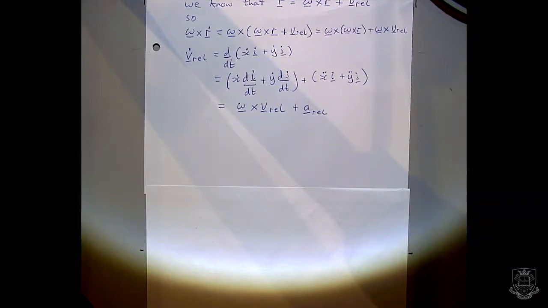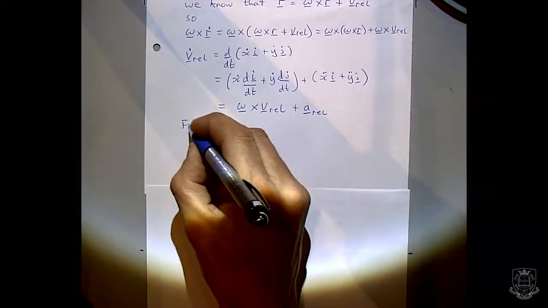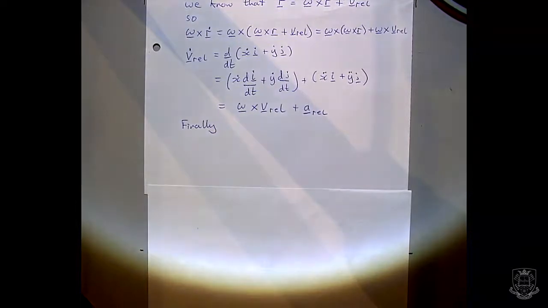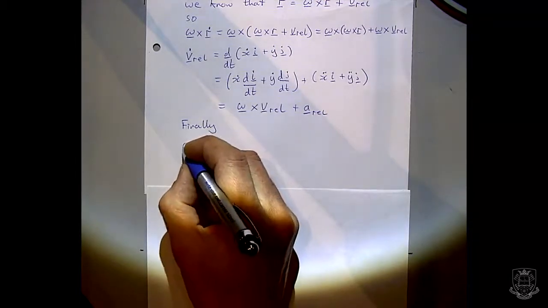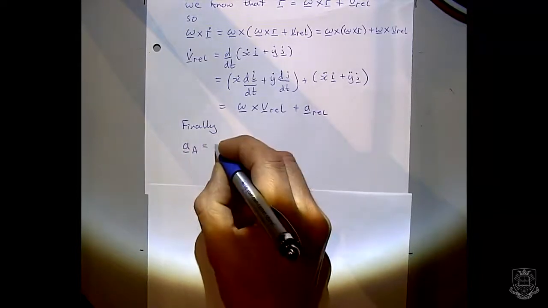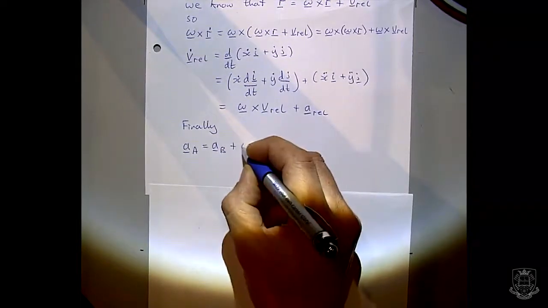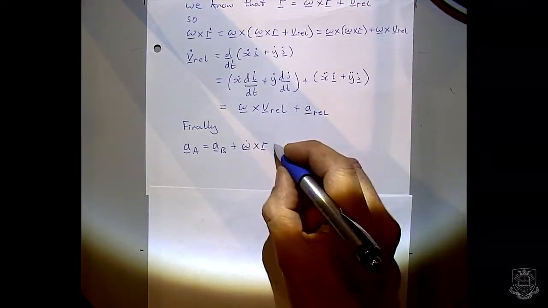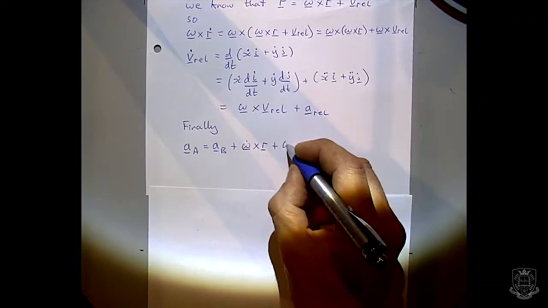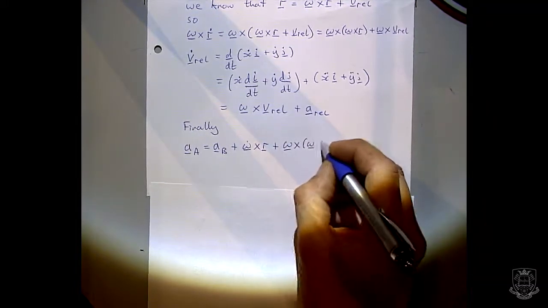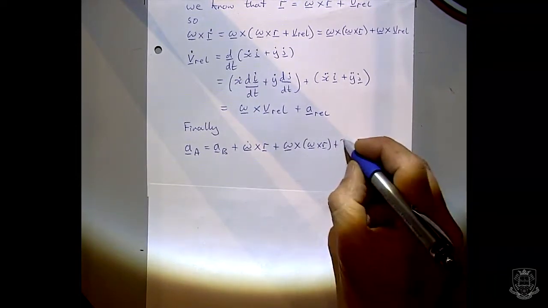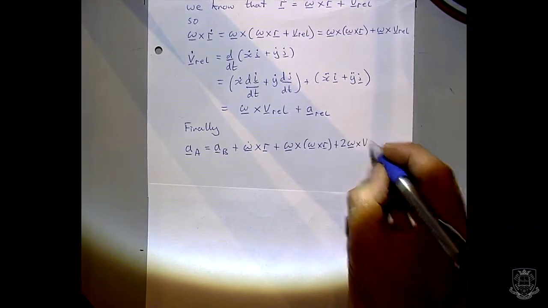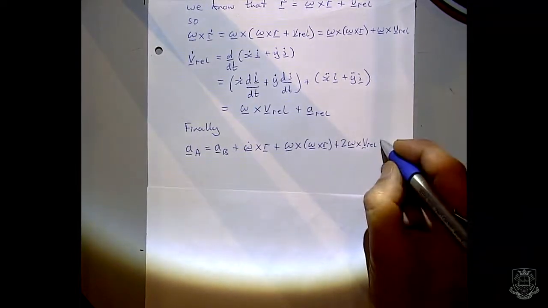So we're going to put that all together now. What do we get? The acceleration at A is equal to the acceleration at B, plus omega dot crossed with r, plus omega crossed with omega crossed with r, plus 2 times omega crossed with v rel, plus a rel.